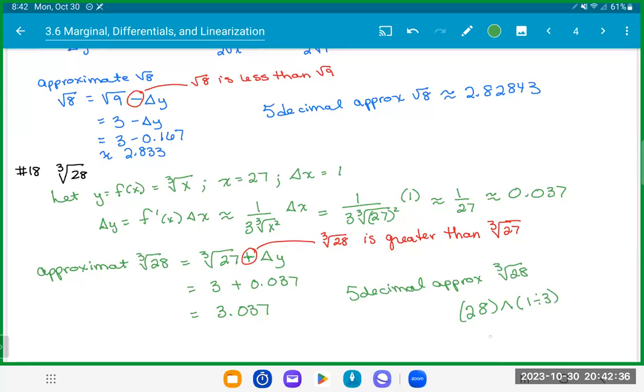And you will see that that value is 3.03659. Thus, our approximation is once again reasonable, right? 3.037, if we just look at the 3 decimals, is exactly the approximation we got by our calculation. Okay? Question.